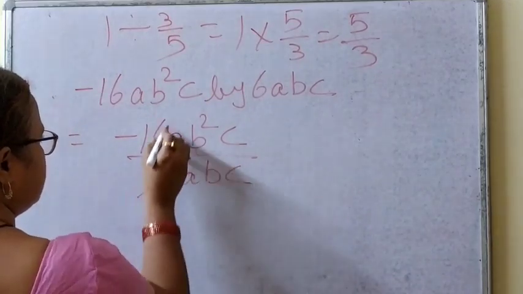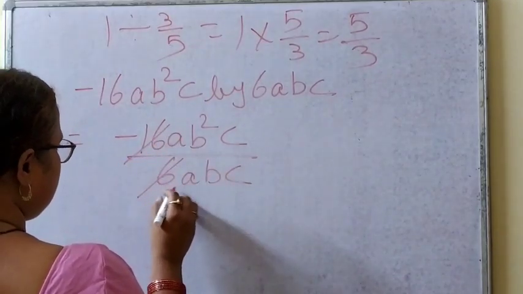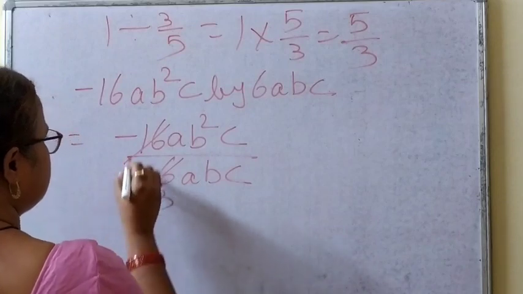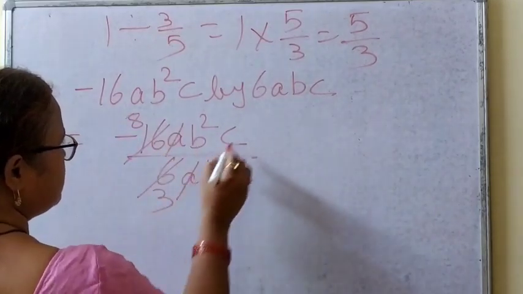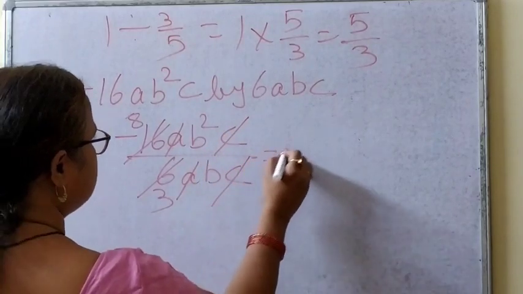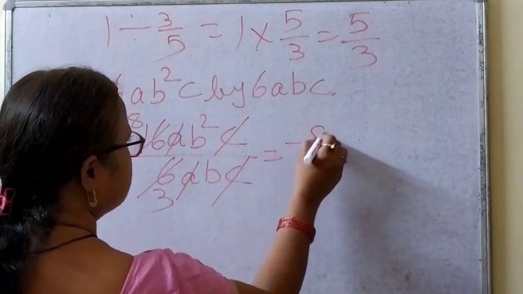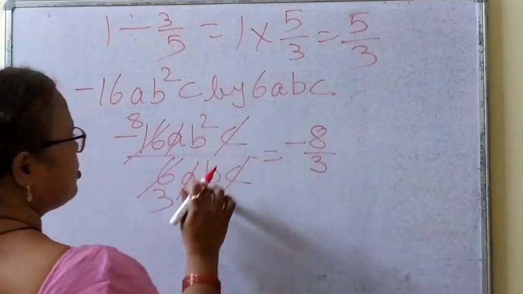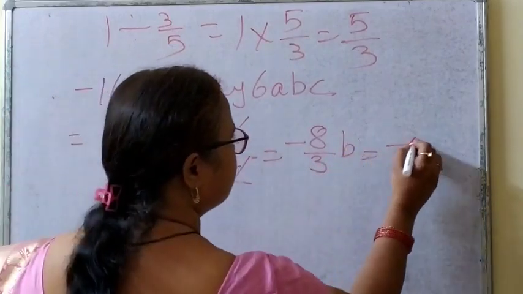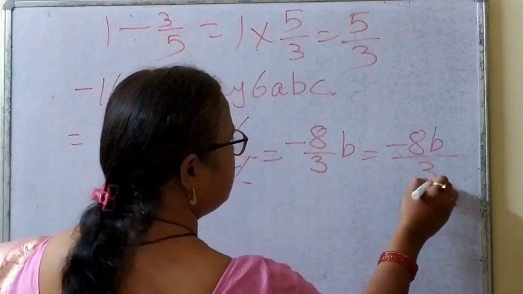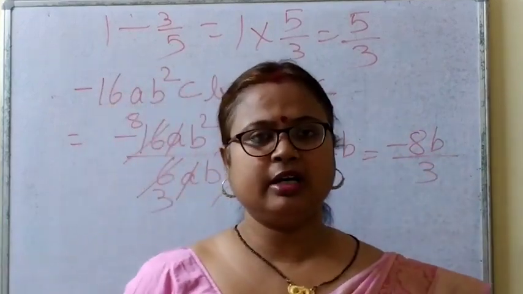So 6 and 16 cancel by 2. Then 2 3s are 6, 2 8s are 16. This a and this a are cancelled. This c and this c are cancelled. What is left here is minus 8 by 3. B square divided by b means b. So you can write the answer like this: minus 8b by 3.